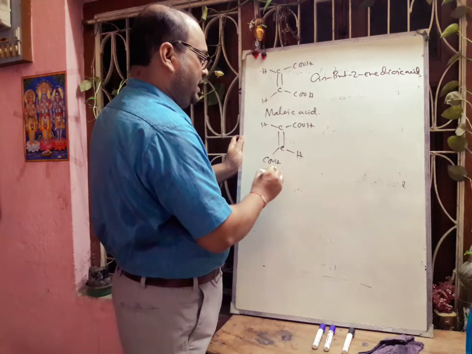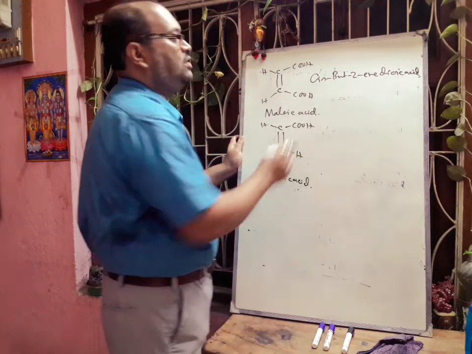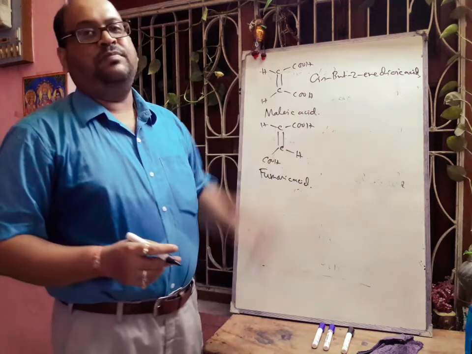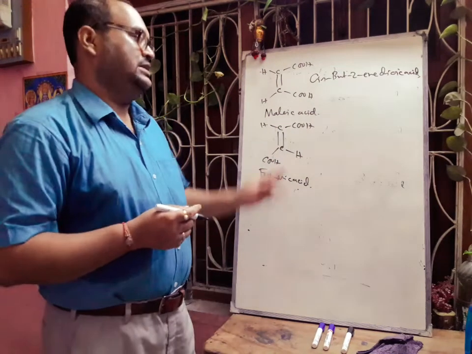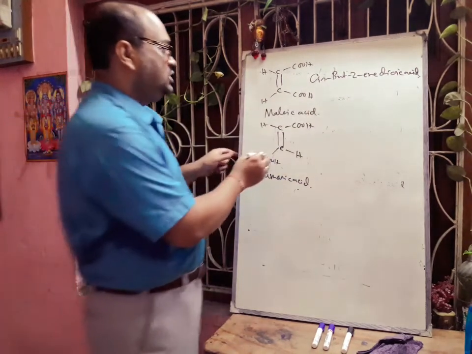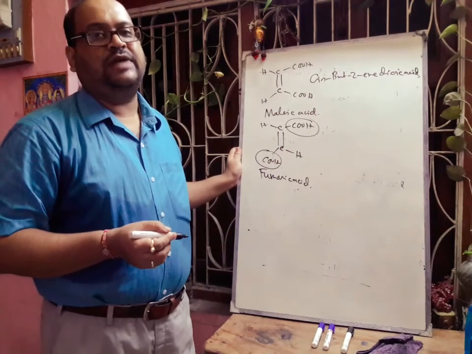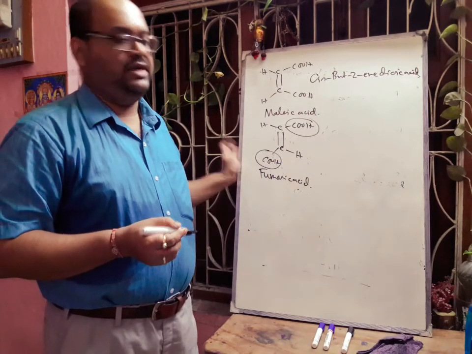The common name will be fumaric acid. In the same way, we just have to change this name to trans, as the 2 COOH groups are on the opposite side. Definitely it will be the trans isomer. So you have to write trans-but-2-ene dioic acid.